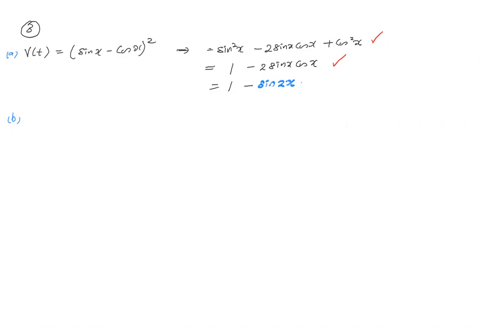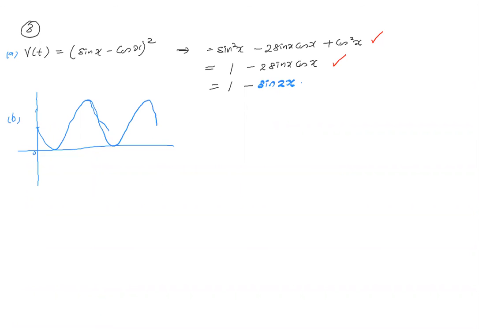1 minus sin 2x, okay, 0 to 2 pi. Zoom fit. Does the graph go like that?